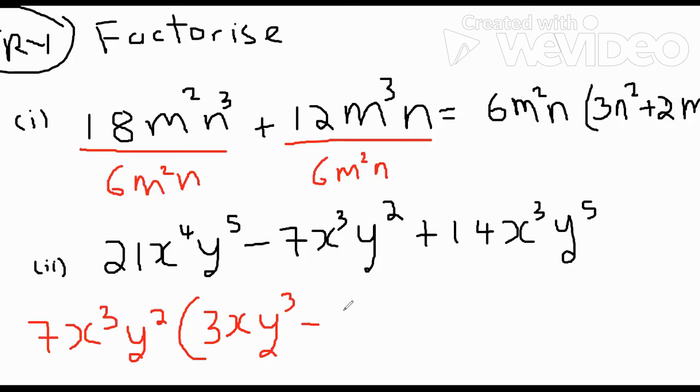You know where that goes? Basically you get just 1, is that not true? Yes, 1. Plus 7x cubed y squared cancel 14x cubed y to the fifth. We get 2y cubed. Conclusion.